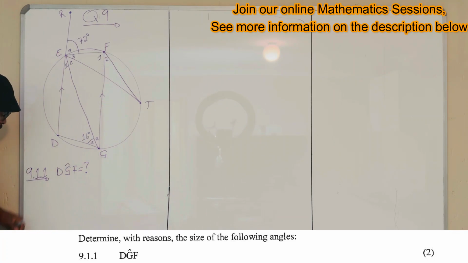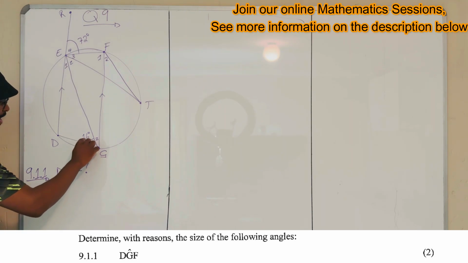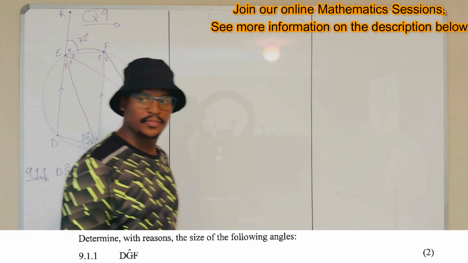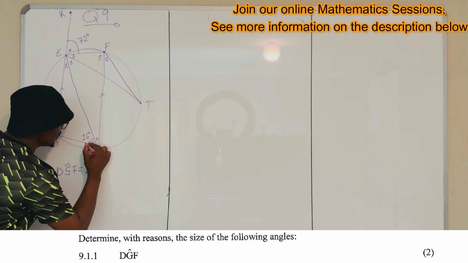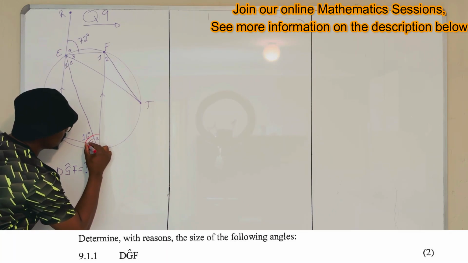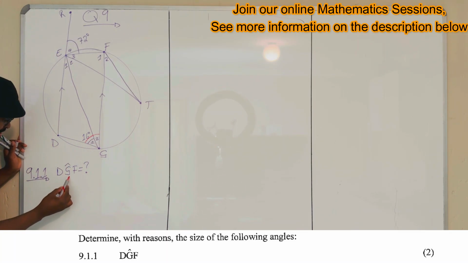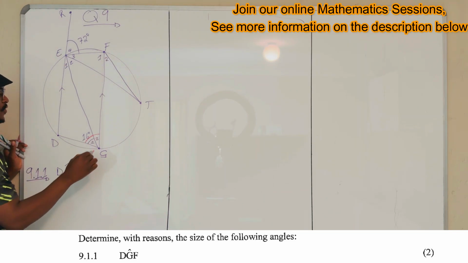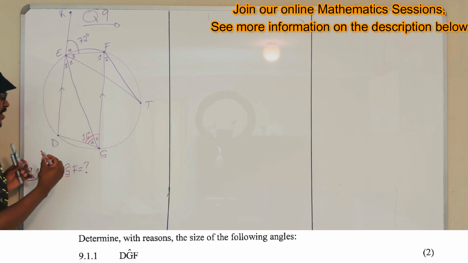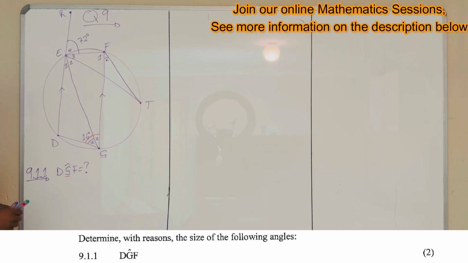So they want to find the size of this entire angle here, because we're saying it's angle G, right? Your angle G is formed by DG and GF. DG is this line and GF is that line over there. So which means they want to find the size of the angle.